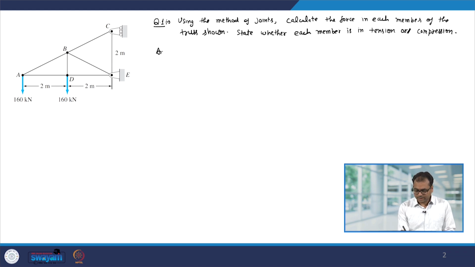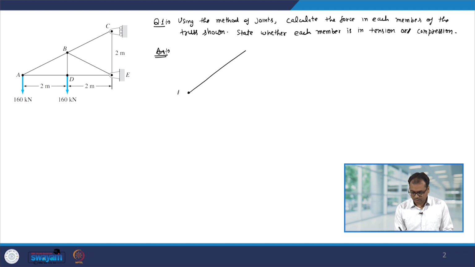So, to analyze the truss, first we have to make the free body diagram of the entire structure. You can see here that, let me first make the diagram.